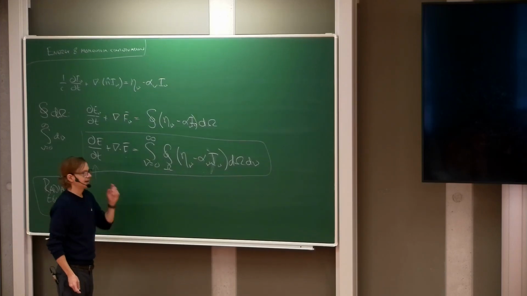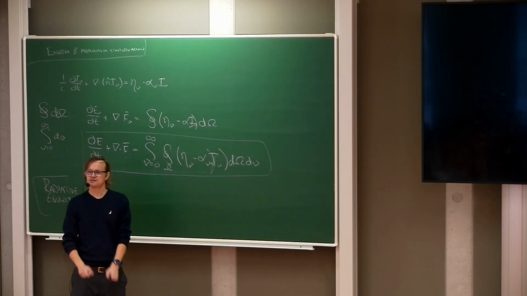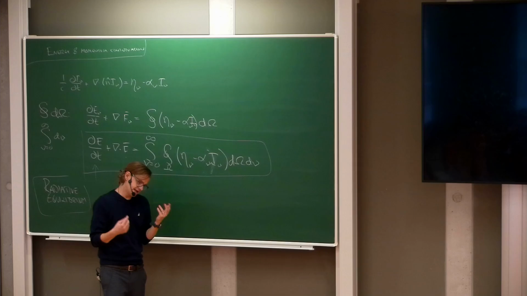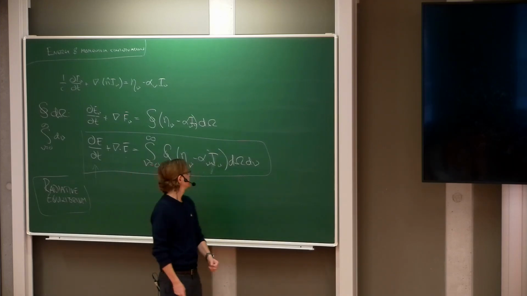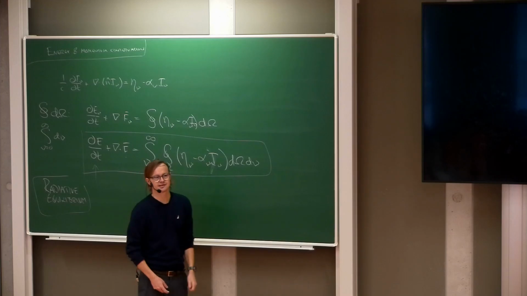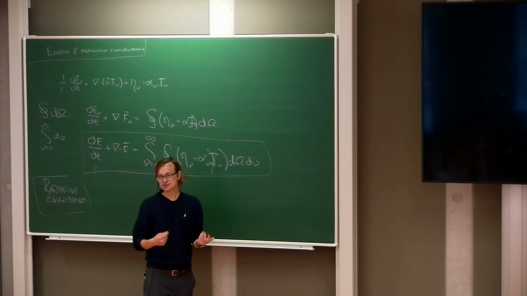Okay? And now we're again going to make the simplifying assumptions, again bringing in the caveats that we have discussed before, that we're going to say that our emission and extinction coefficients are isotropic. Okay?